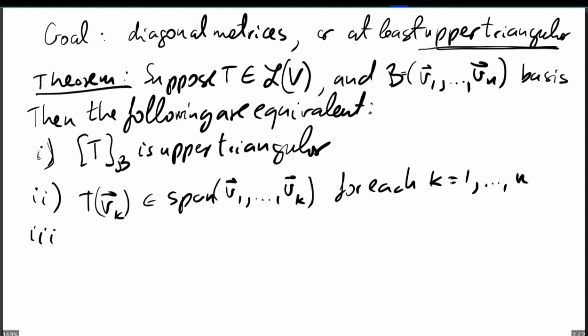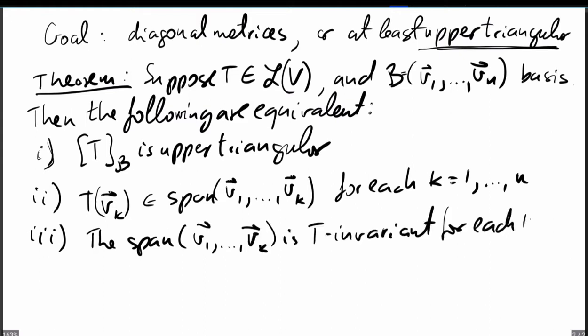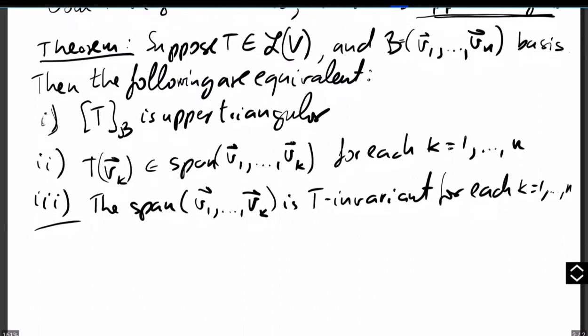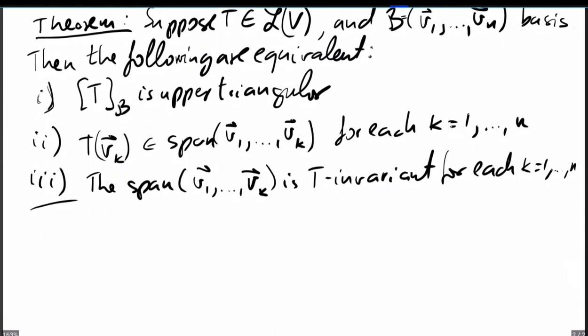And the third statement is that the span of v1 through vk is T-invariant, again for each k going from 1 to n.